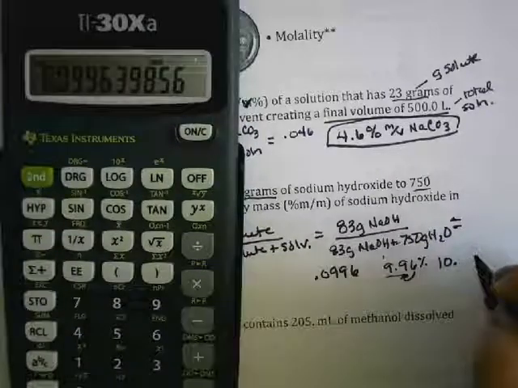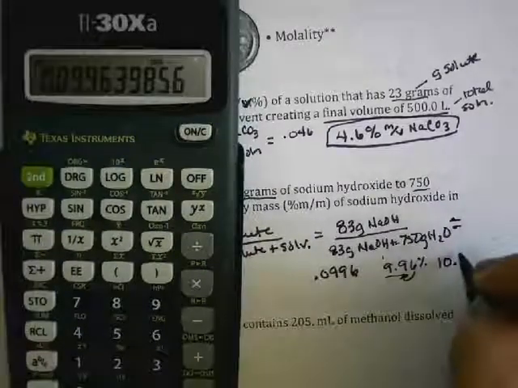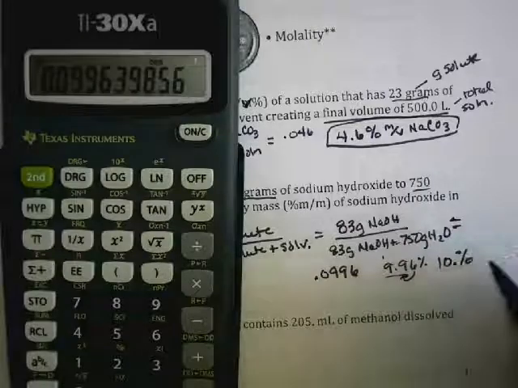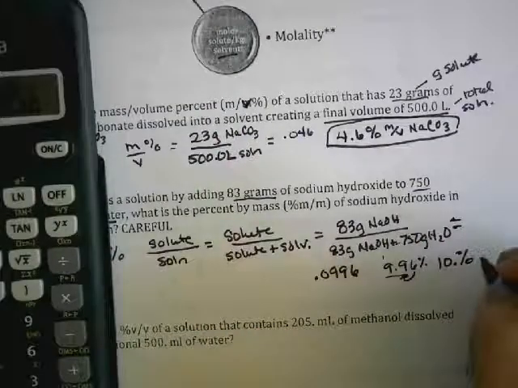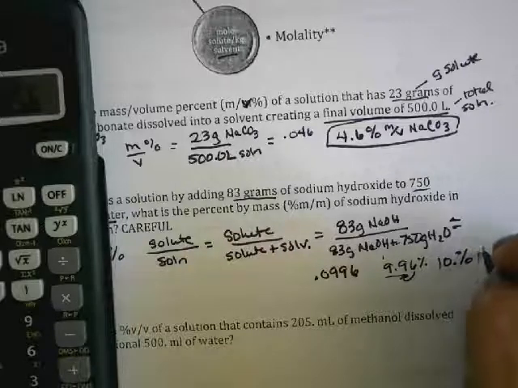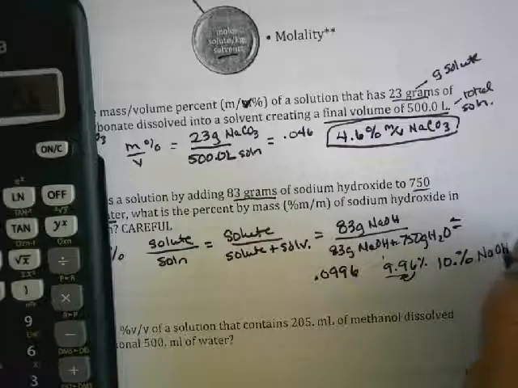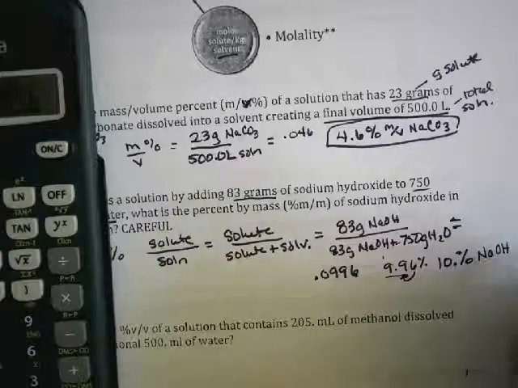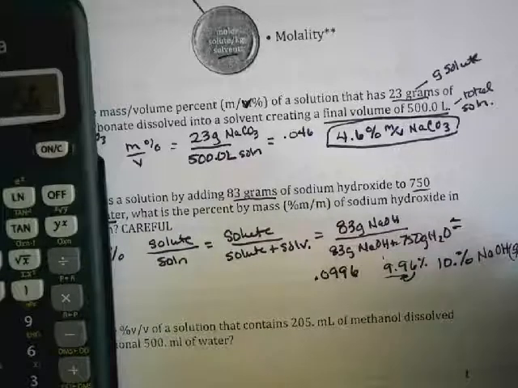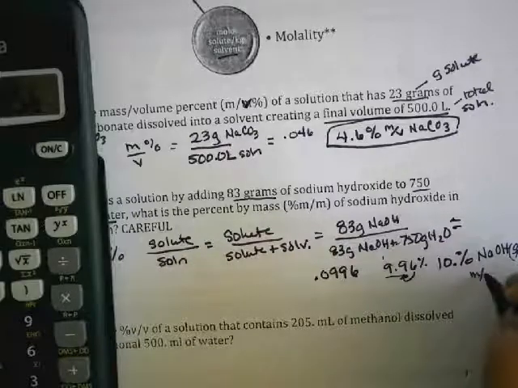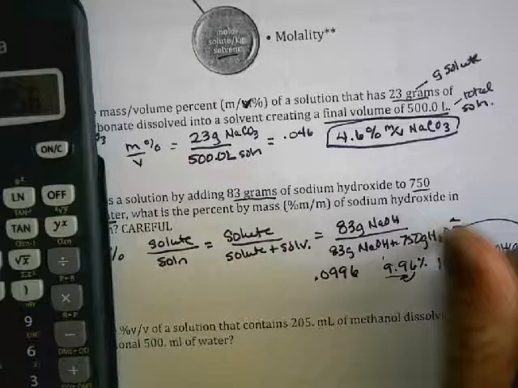So 10% NaOH. And text will vary. I think it's important to say gram over gram or M over M is less information but also used. So mass over mass probably. And we're done with that one.